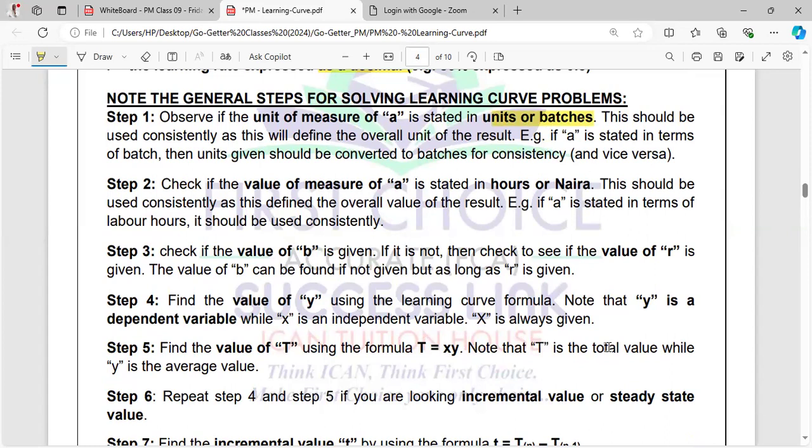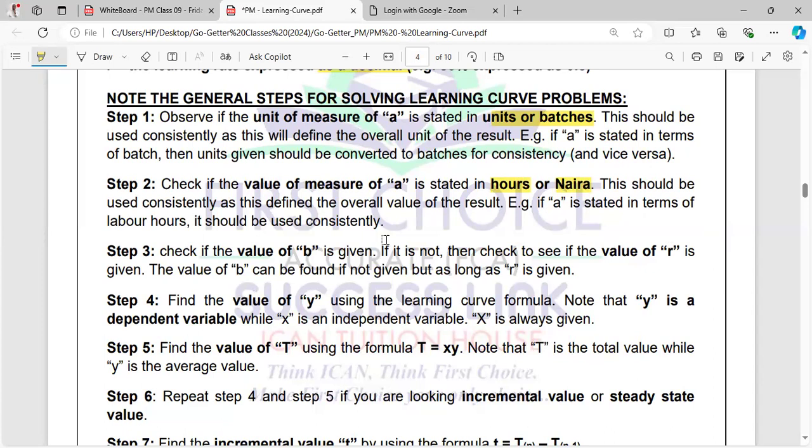So the unit of measure of A will dictate how the answer will be, whether it will be in batches or in units. The second step is to check the value of measure of A, either in hours, that is talking about time, or naira, or we can even say dollars. For those joining outside Nigeria, this could mean the costs.